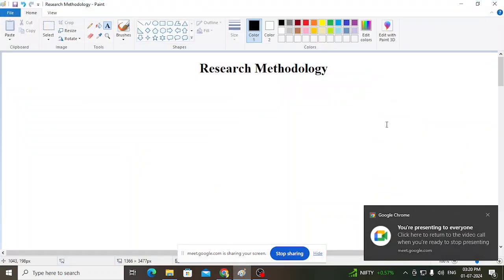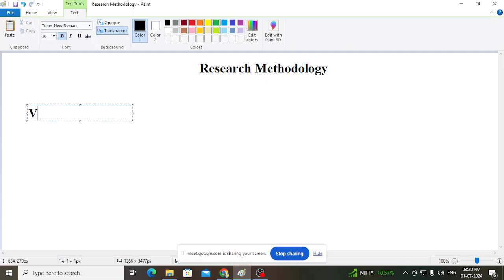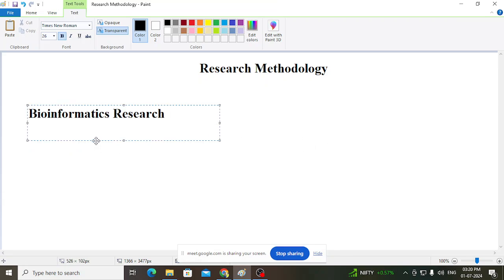Okay, so we are discussing this topic, research methodology. Now, when we are discussing bioinformatics research, it could be bioinformatics research, or let us say biosimulation research.